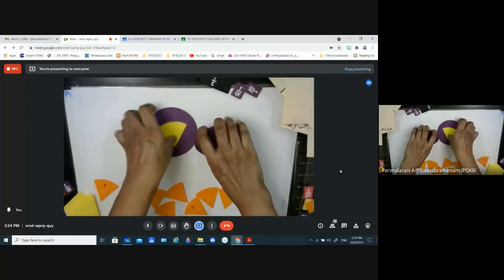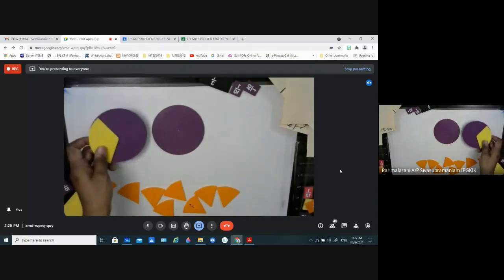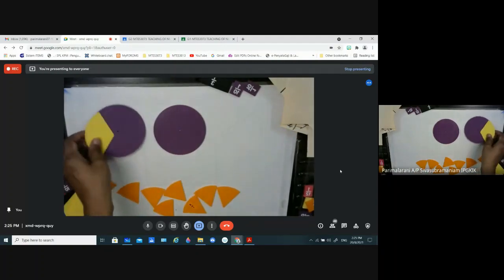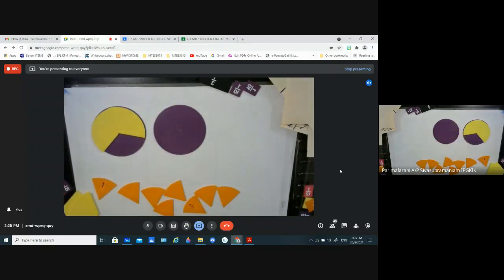If you want to show 1 and 2/3, it's a mixed number, 1 and 2/3. We can even show it like this. This is 1 and this is 1/3, 2/3. So this is 1 and 2/3.